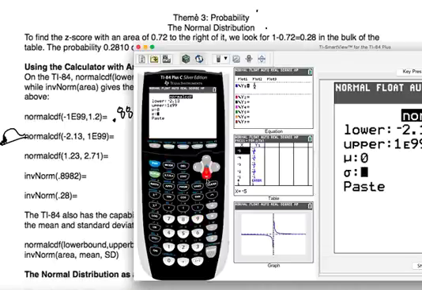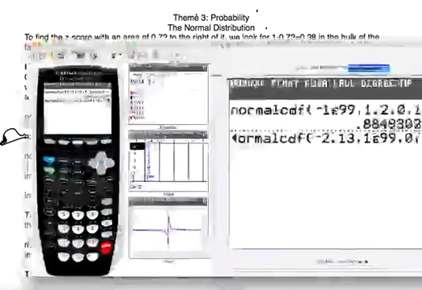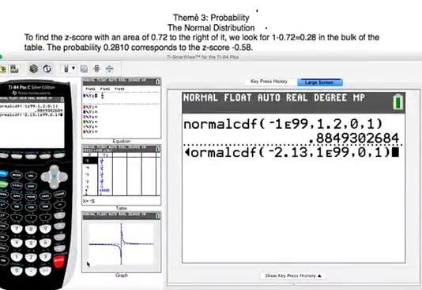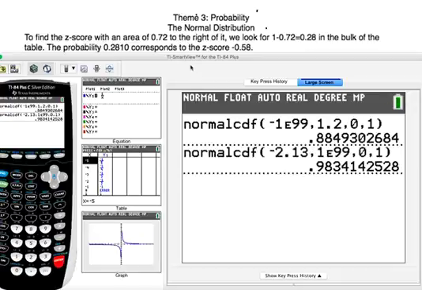Mean is 0, standard deviation is 1. Paste. Whenever you do that, you should get 0.9834.